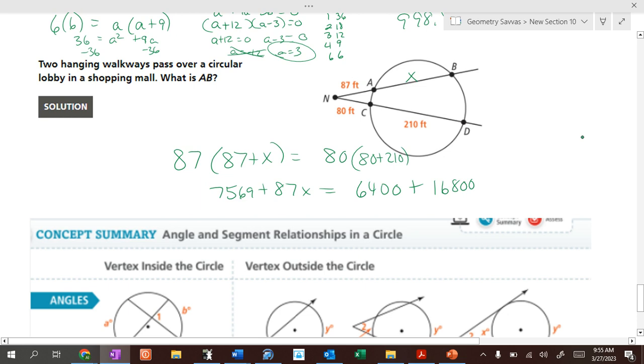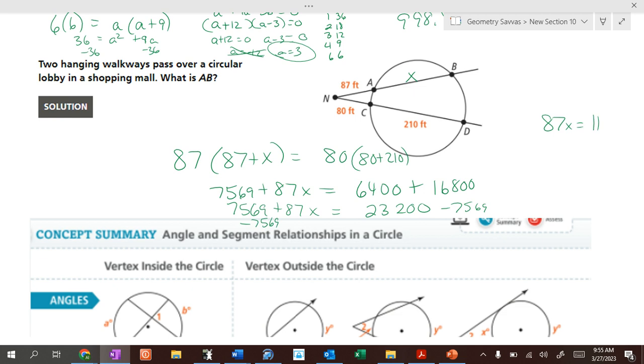So it's 23,200, and then subtract 7,569 from that. 115,651, and then divide by 87. Okay.